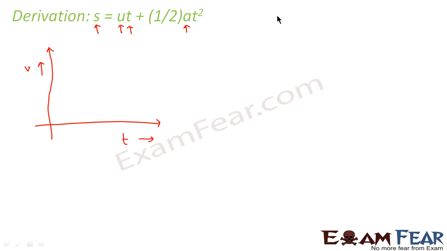Now, we also know that these three equations are applicable for uniformly accelerated motion. If it is a uniformly accelerated motion, it can be represented by a straight line. Now, according to what we have studied, we know that area under this curve would be equal to displacement.